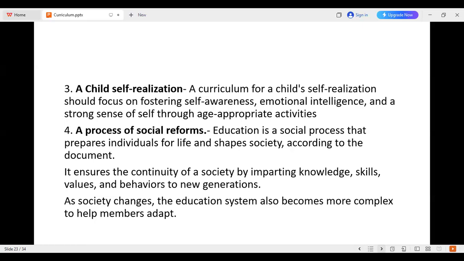It ensures the continuity of a society by imparting knowledge, skills, values, and behaviors to the new generation. The cognitive process we started with is only imparting knowledge, skills, values, and behaviors. Instead of this combination of knowledge, skills, values, behavior, and attitude, we use the word competency.